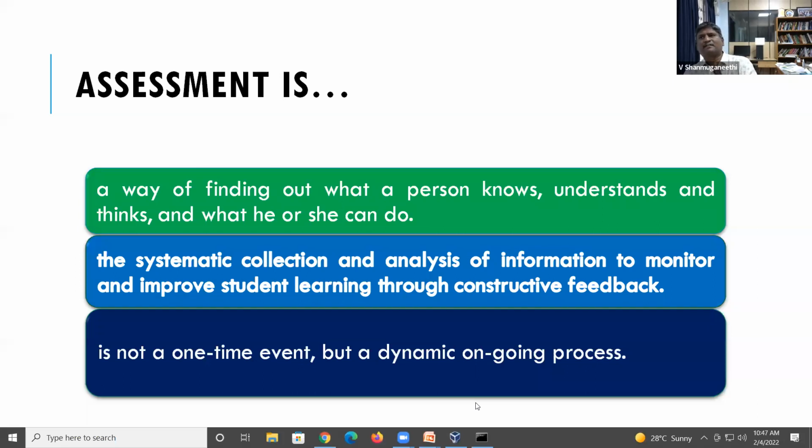The second thing is, normally you are collecting data from the student. The way you collect it is by doing many activities in the classroom, and each activity is called an assessment. Assessment does not only mean conducting an internal test, a classroom test or a quiz.